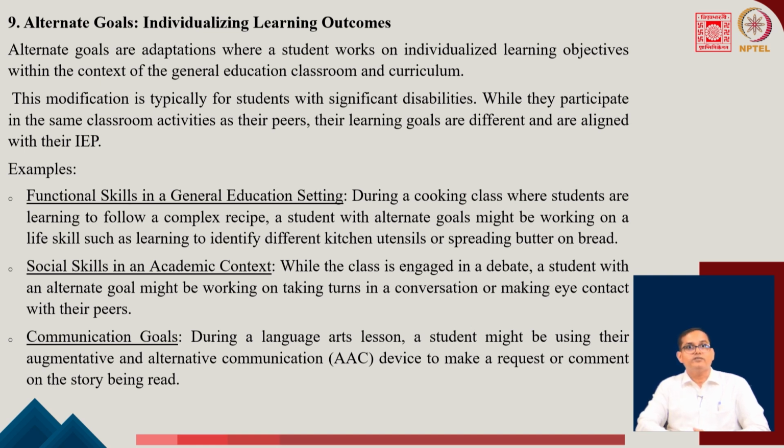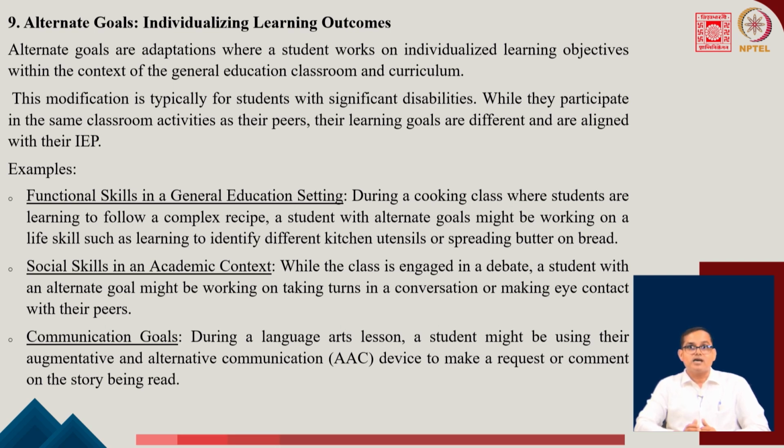For example, functional skills in a general education setting. During a cooking class where students are learning to follow a complex recipe, a student with alternative goals might be working on life skills such as learning to identify different kitchen utensils or spreading butter on bread. Social skills in an academic context.